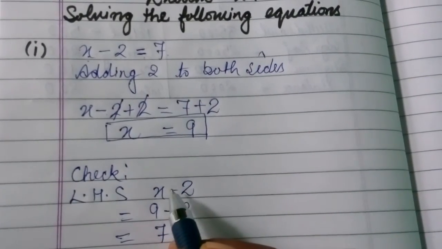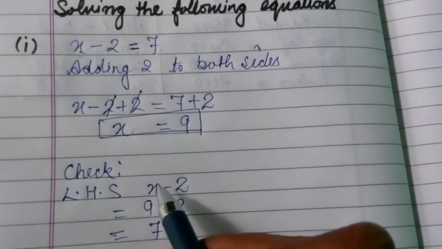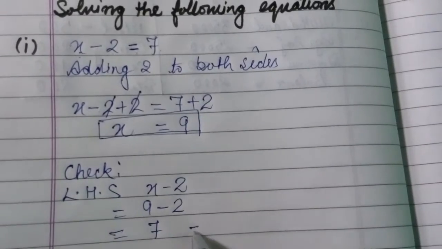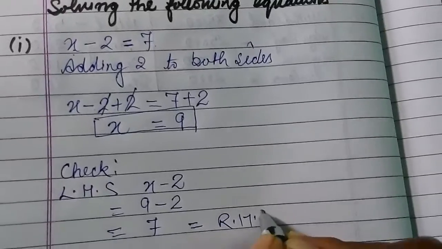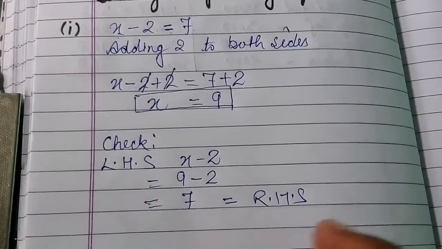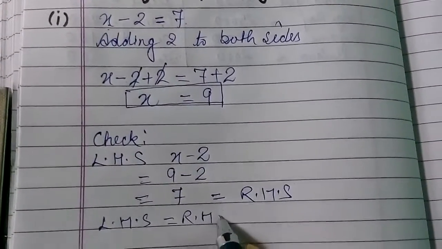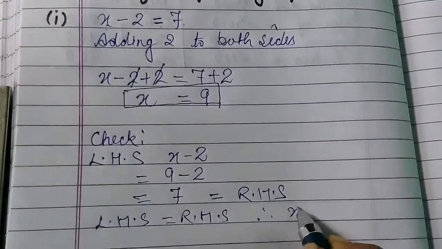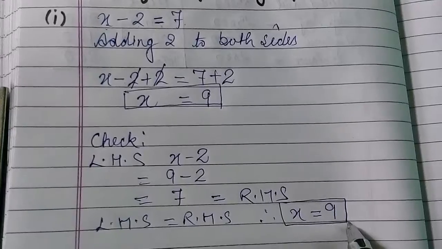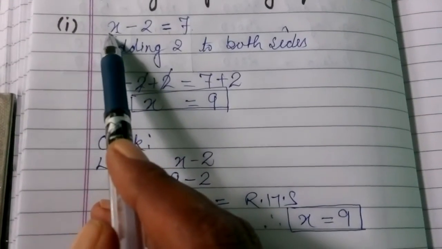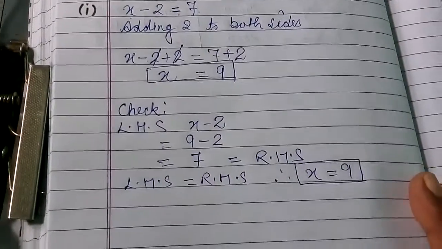That means when I put 9 in place of this variable x, I'll get 9 minus 2, 7, which is equal to the right hand side. Because I have verified that left hand side is equal to right hand side, that means our answer is correct, x is equal to 9. It's very simple. In place of x I can put 9, and it will become 7.